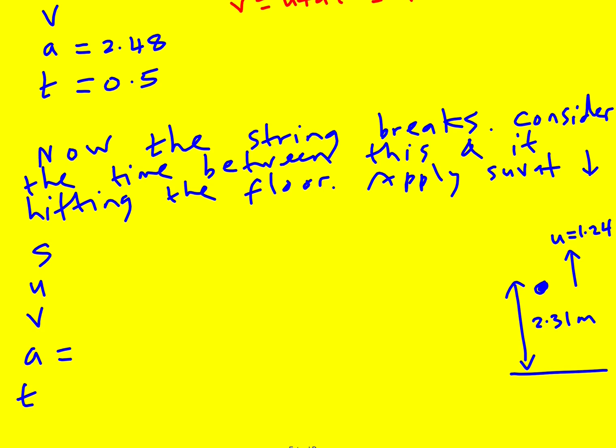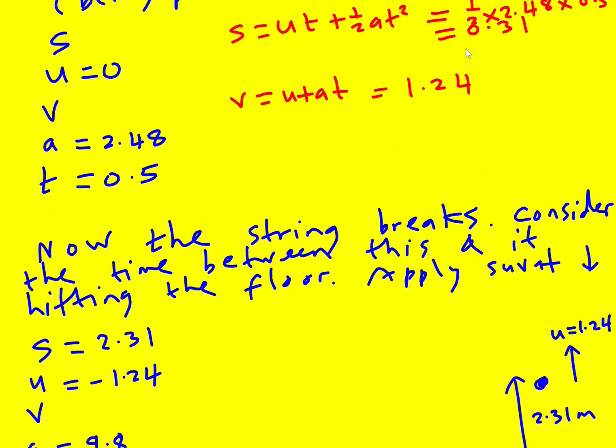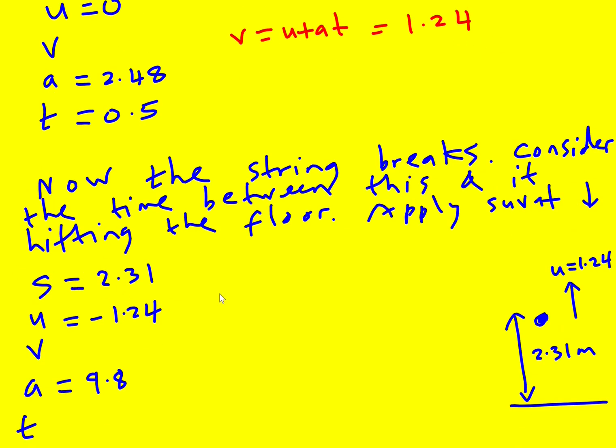So a is going to be 9.8, as it's now operating under gravity. u is actually minus 1.24 because I'm applying suvat down. So I know I wrote it there as 1.24, but that was the speed. And then s is going to be 2.31. So we needed this information here that now goes into this.